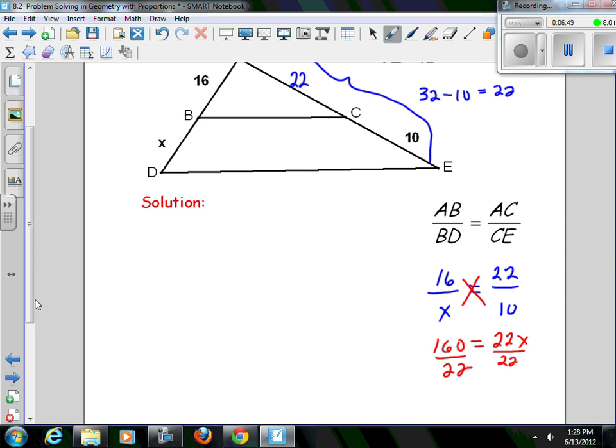And when we take 160 divided by 22, and again, let's round to the hundredths place, the 22s cancel, and we get 7.27. So that is our missing length for BD. Now, let's continue.